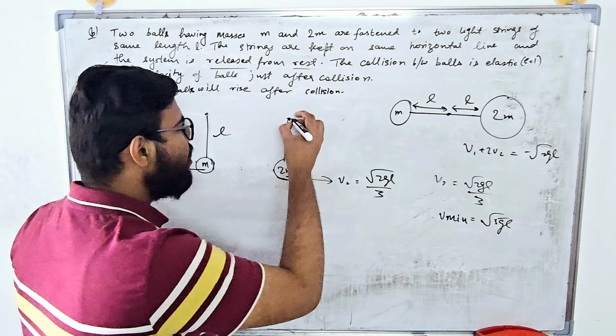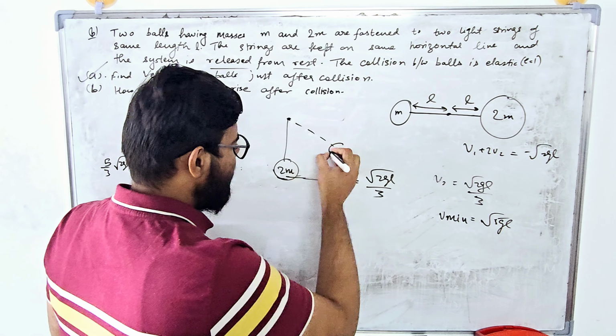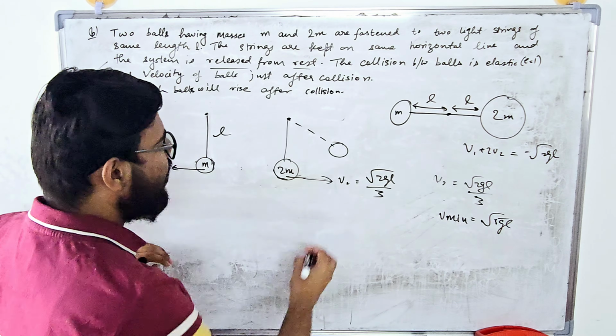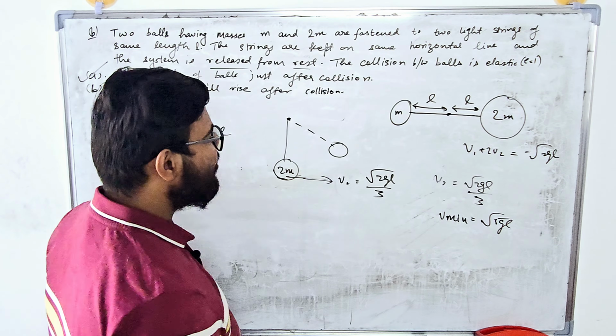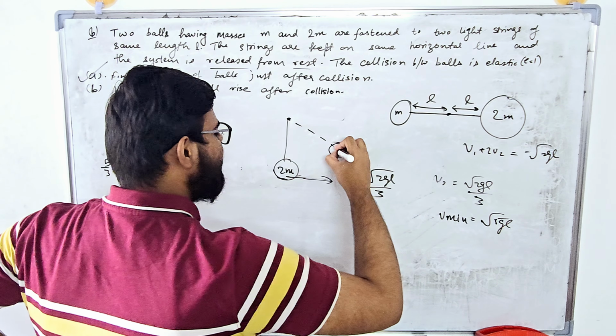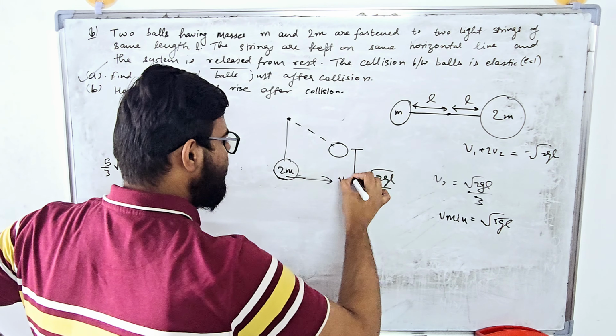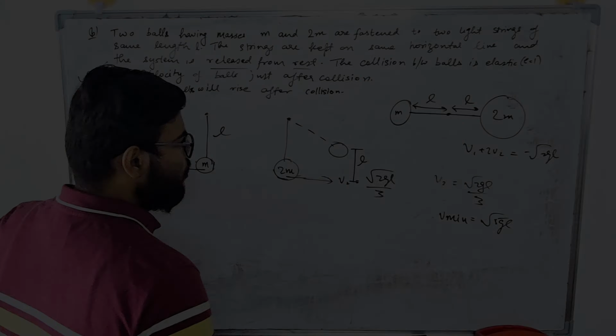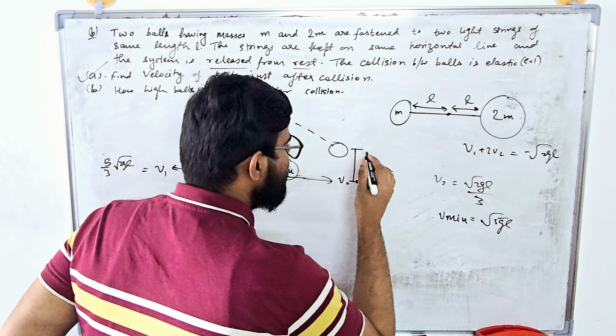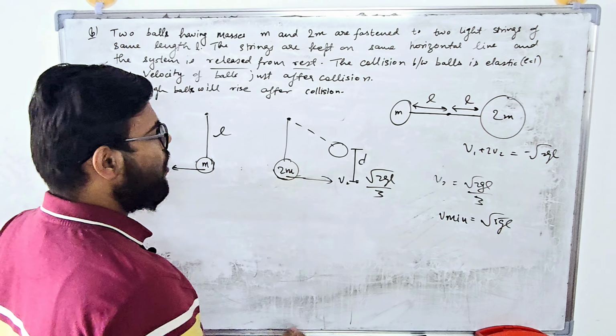Hence it will go somewhere over here, and then it will start coming back. So it would have gone to some height, well, let's assume it as d because we had already assumed L for the length.